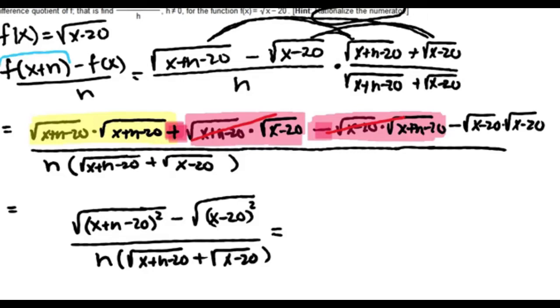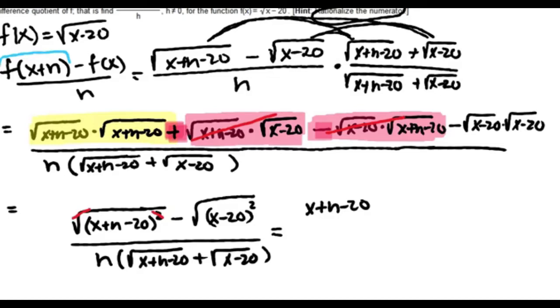And what we know is that square roots and squares are opposite operations, so they cancel each other out. So we're going to get x plus h minus 20. So we're getting that because the square root and the square are opposite operations and they cancel.